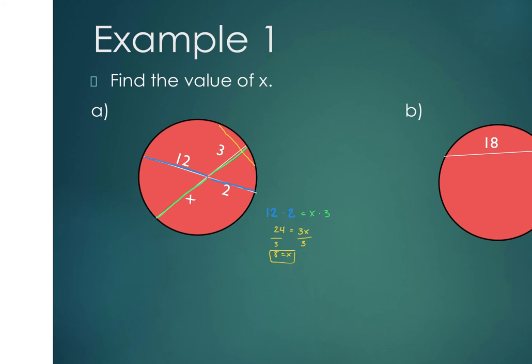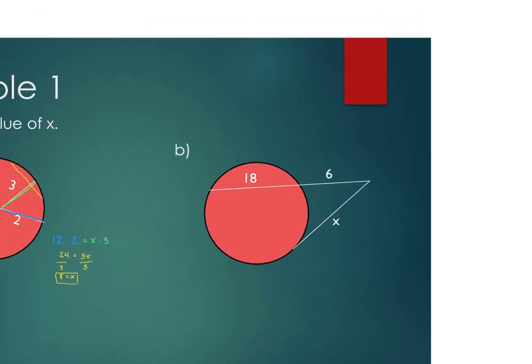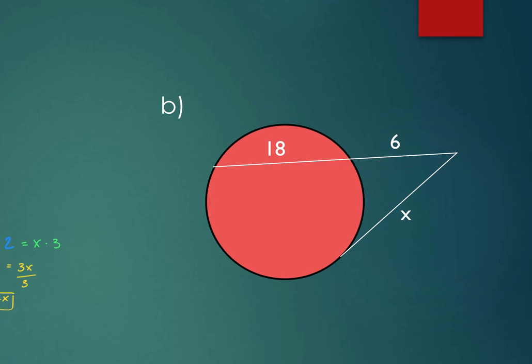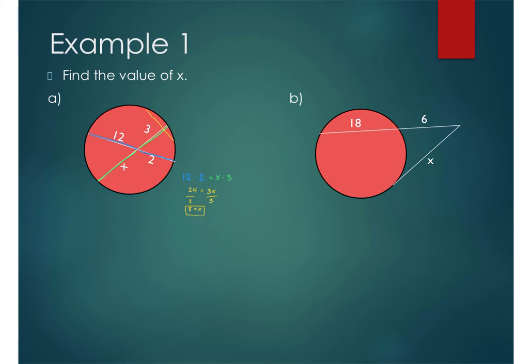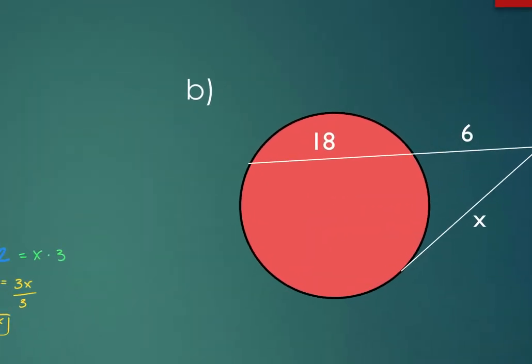All right. So we're back to this slide with the examples. Let's take a look at this one. This is an example of a tangent plus a secant.